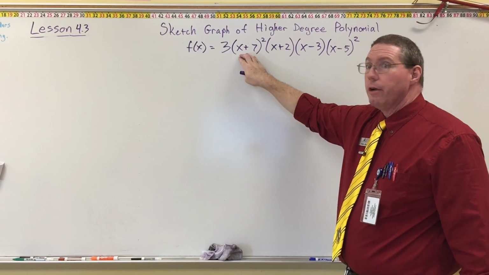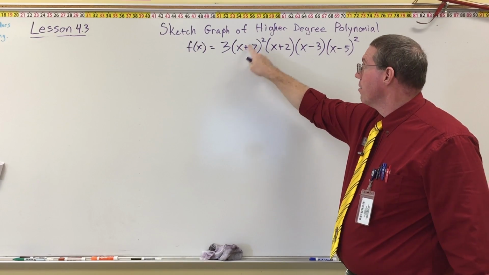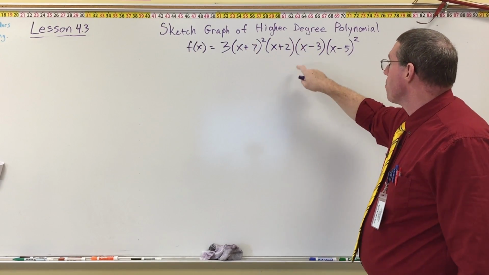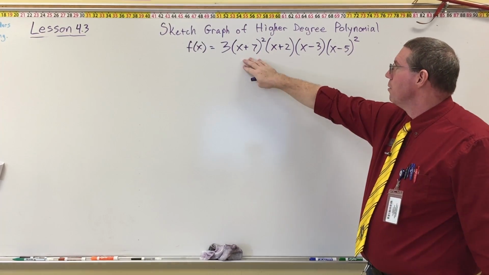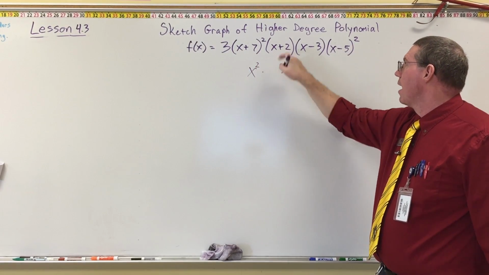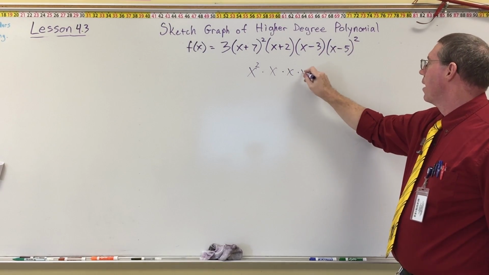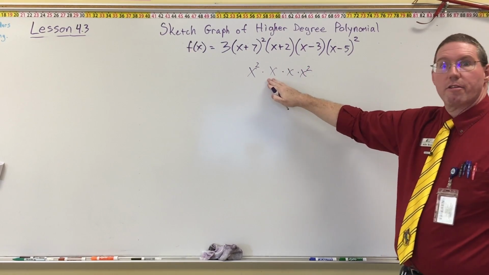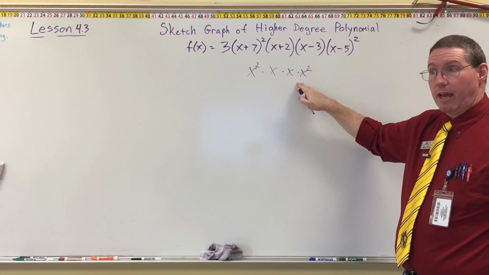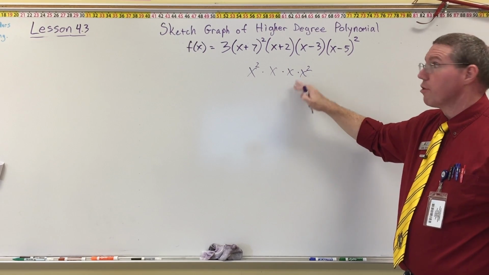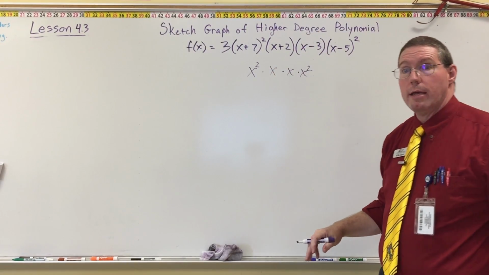That's an x squared factor, because the x is being squared. This x is the first power, this x is to the first power, this x is squared. So we have an x squared, times an x to the first, times an x to the first, times an x squared. x squared times x is x to the third. Times x is x to the fourth. Times x squared is x to the 6th. So this is a 6th degree polynomial, right?